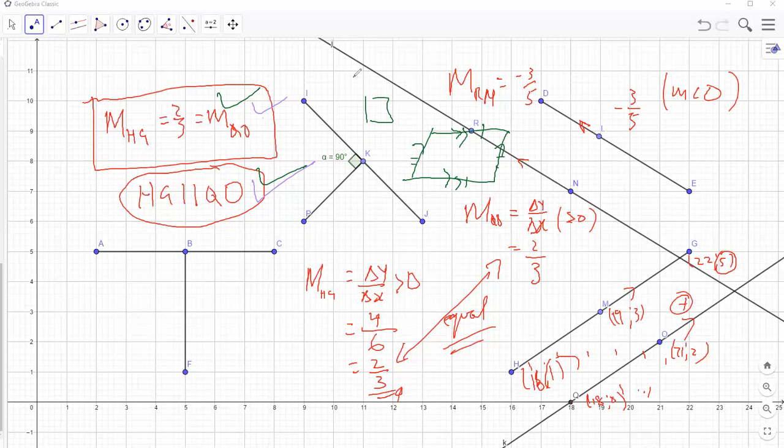So if you want to prove one of the properties of the parallelogram, and you want to show that the lines are parallel, you can simply find the gradients of those two lines and show that they are equal. You will then conclude that because the gradients are equal, the lines are parallel, and thus the shape should be a parallelogram. That is just a rough introduction to how you're going to go through these proofs.